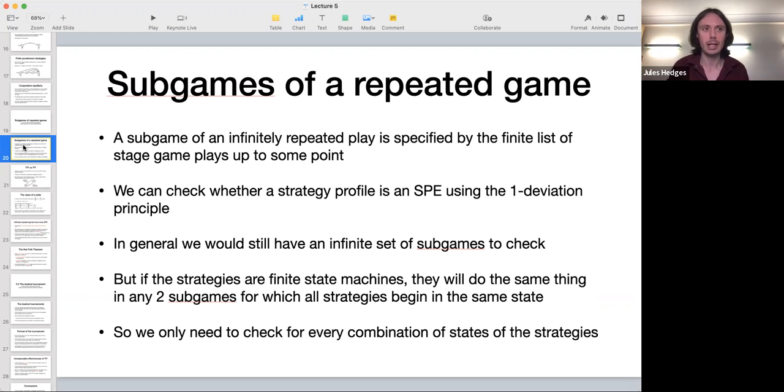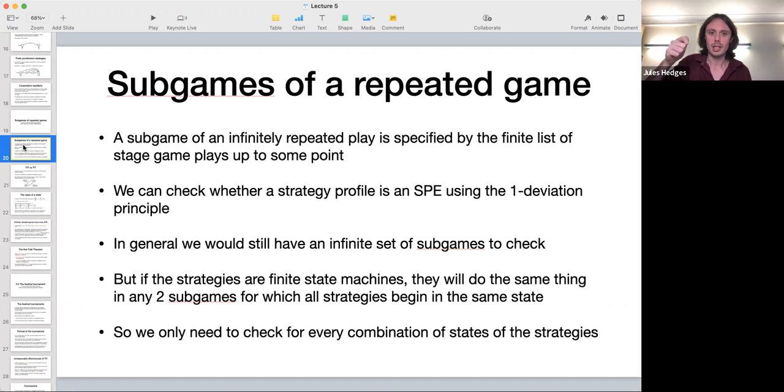The tree keeps going and gets bigger and bigger. If you think about what subtrees are, at every node that's the first node of one of the stage games, we can take the subtree from that point.